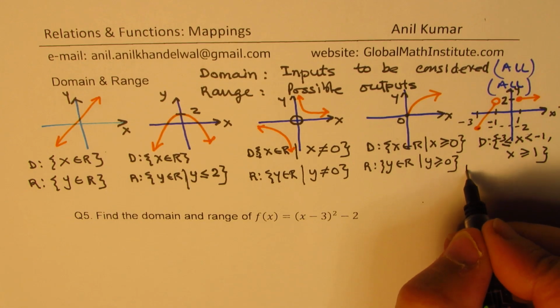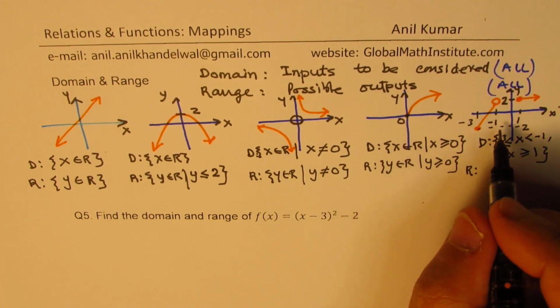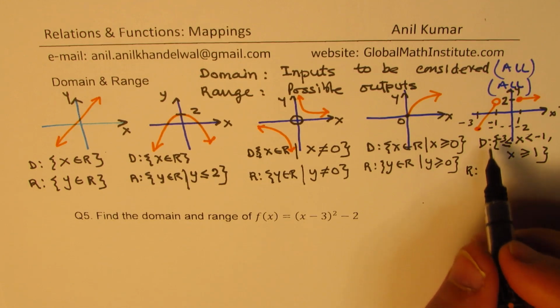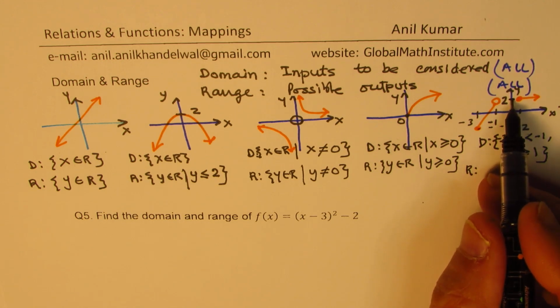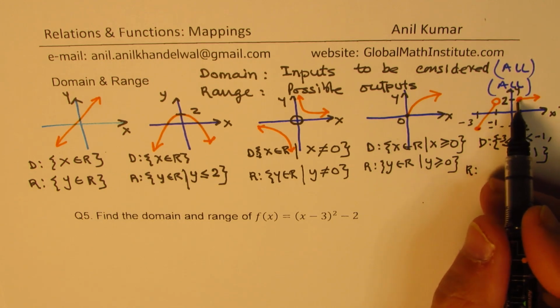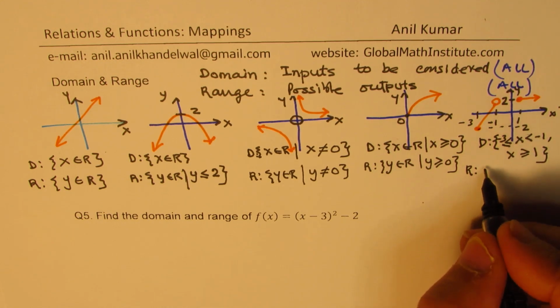As far as the range is concerned, we could also write it in the form of brackets. We know this minus 2 is included, right? And in this case, 2 is also included, right? So all values between minus 2 and 2 are part of the range.